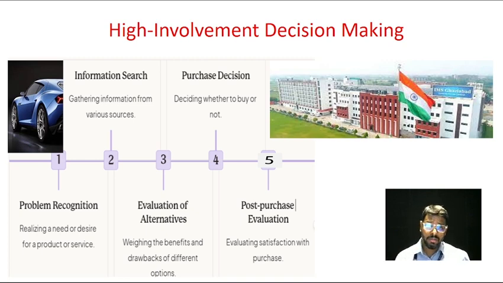Next they talk about the fee structure and what they are getting. Next is the purchase decision, right? Once they have done the information search, after that they go to the evaluation of alternatives. For example, number one is IMS, second is college A, college B, college C.